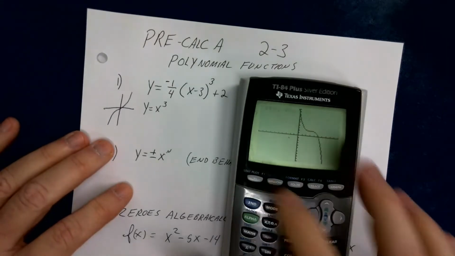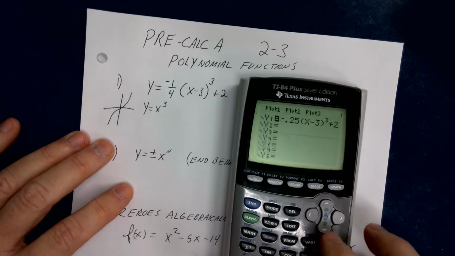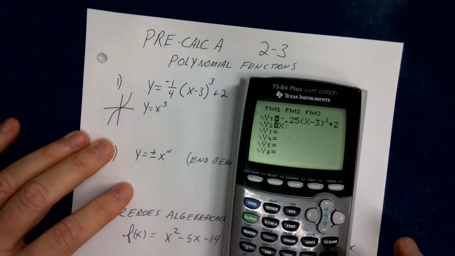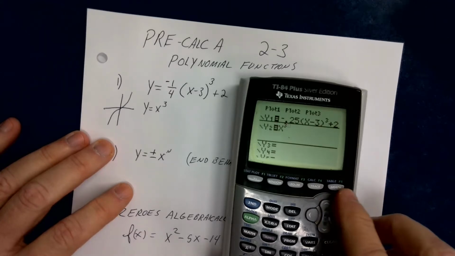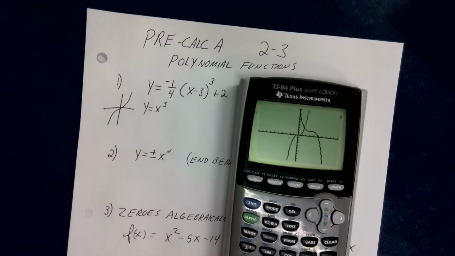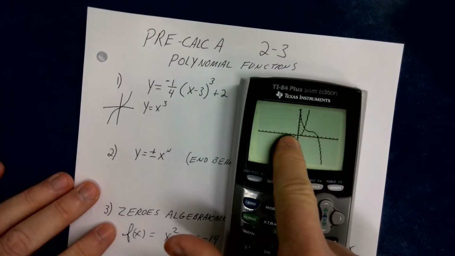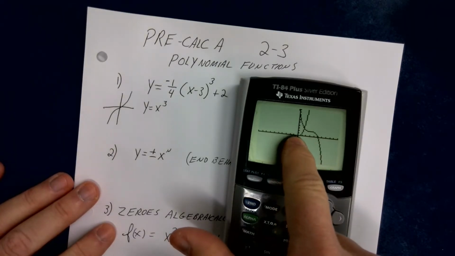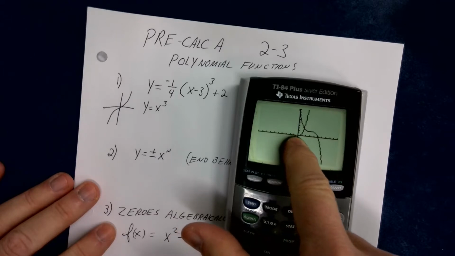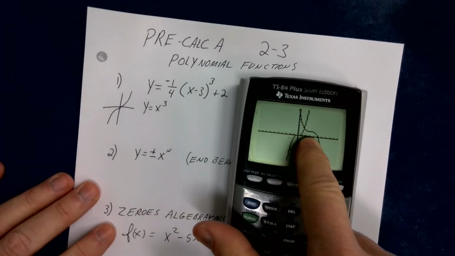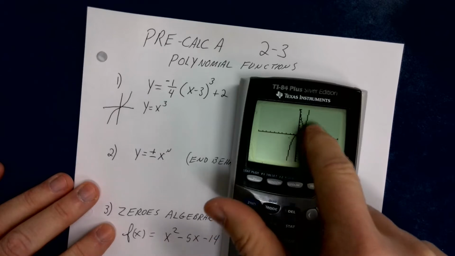So let's go again here and put in y equals x cubed. That was our original one. X raised to the third, and see how these two things are related. So you can see this inflection point right here has been moved 3 to the right and 2 up. That's why the inflection point's there.